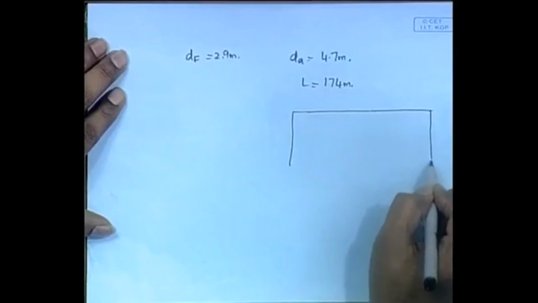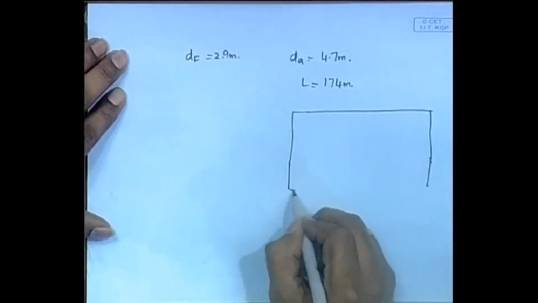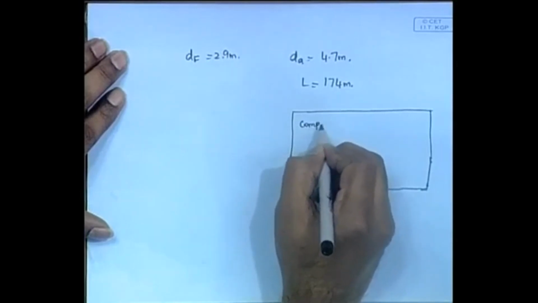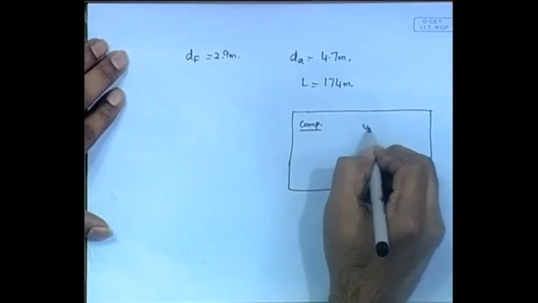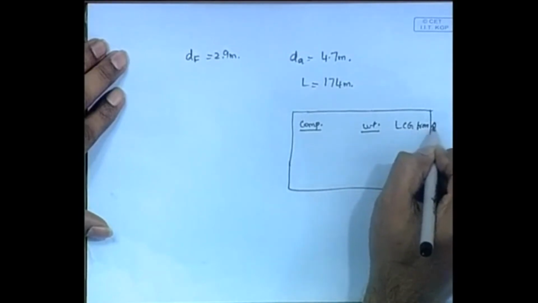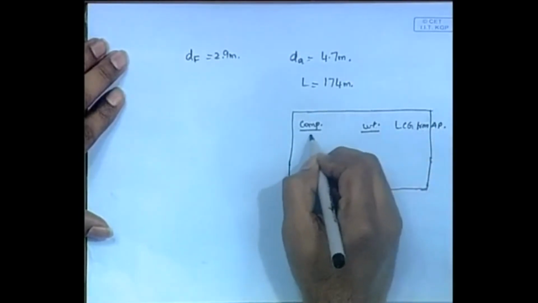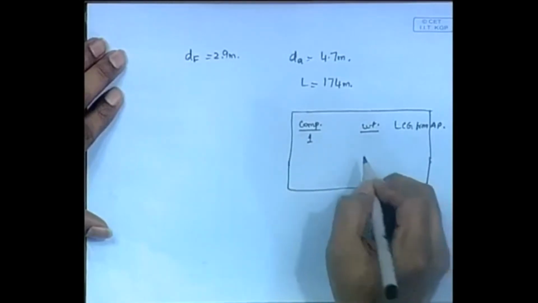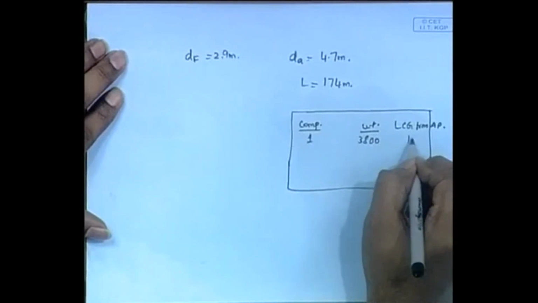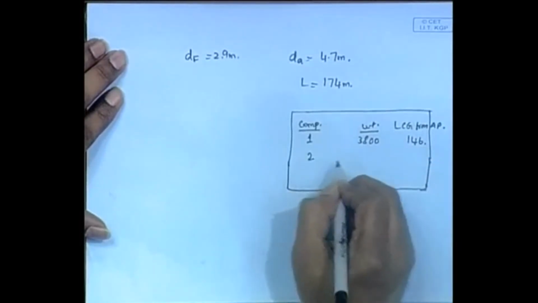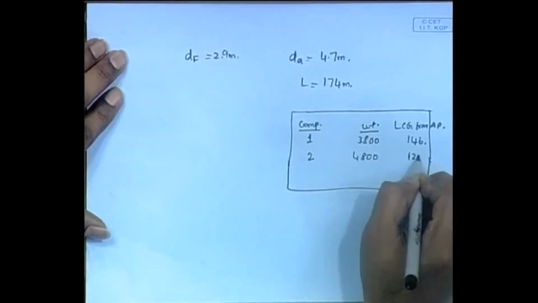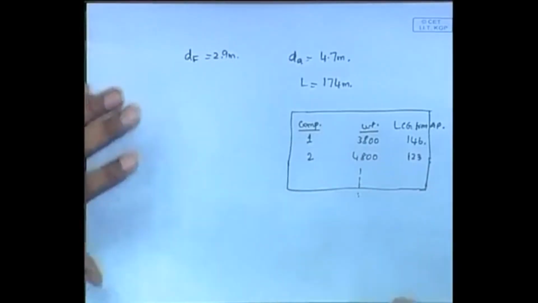I won't write the whole thing, but you are loading some cargo. For compartment 1, you are adding 3,800 tons, and its distance from the aft perpendicular is 146 meters. Like this you keep adding.